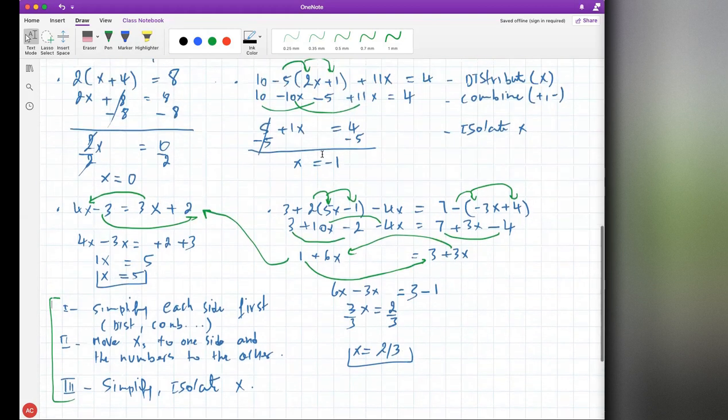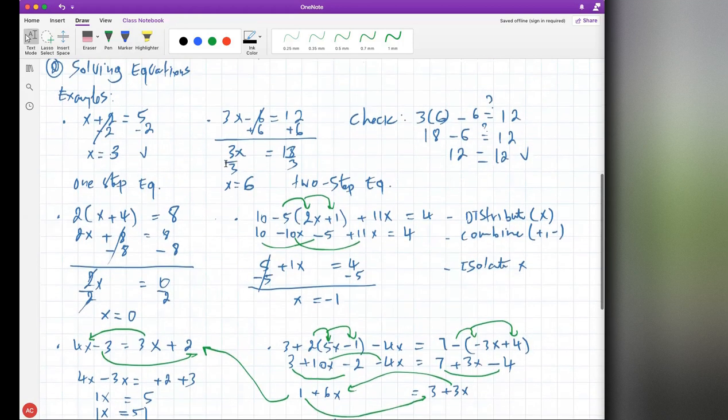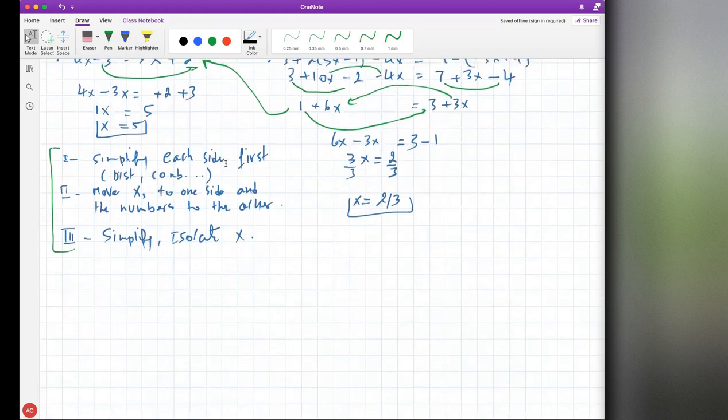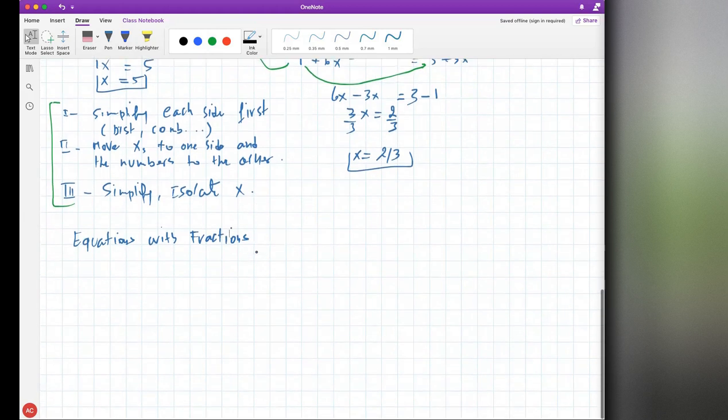They can become just like these here after we cancel the fractions. So let's look at those. Equations with fractions.